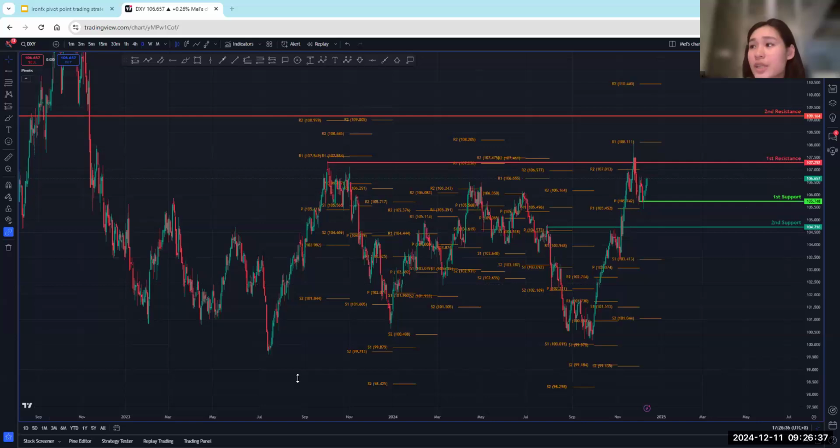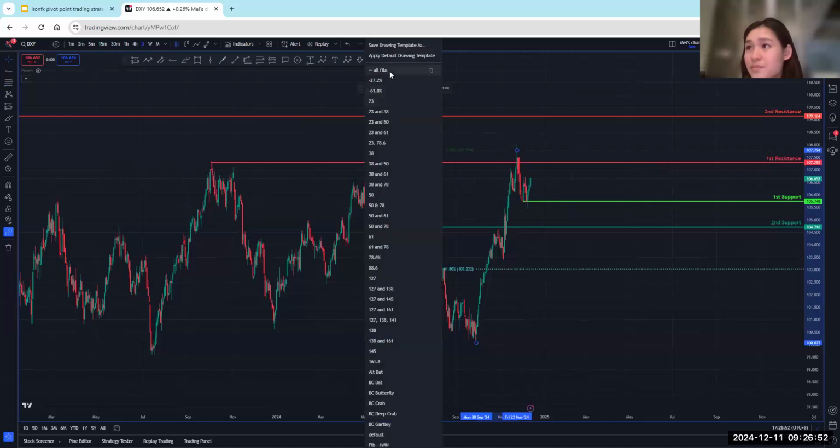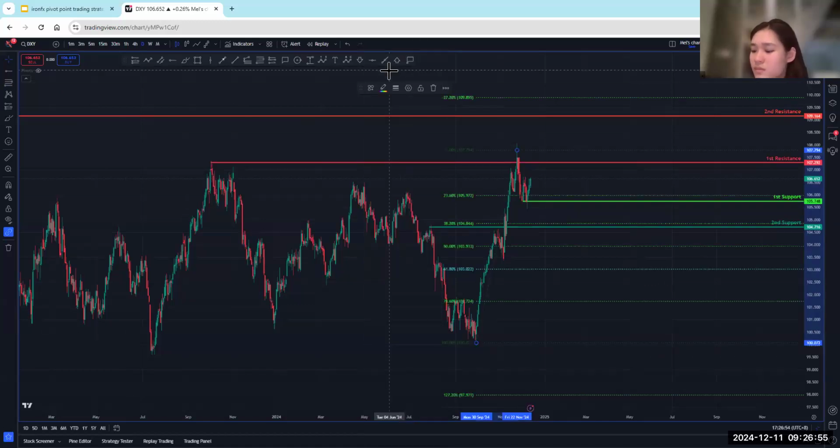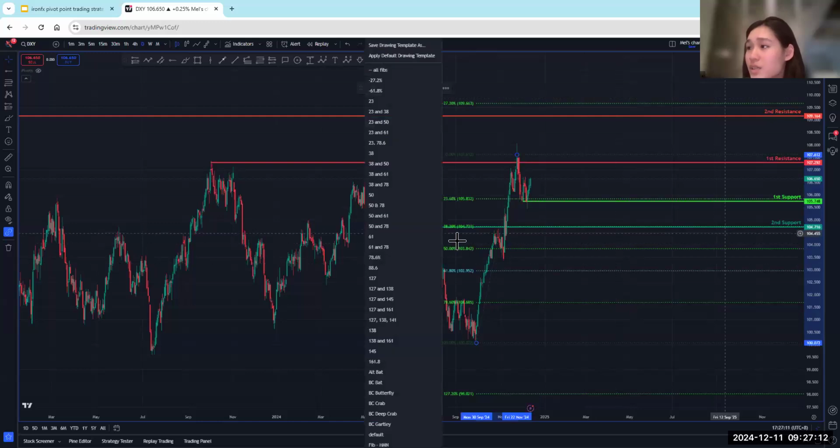So I'm gonna go in and pull out my Fibonacci levels. Okay, I'm gonna get rid of this for now because it's a bit messy. So I'm going in with our Fibonacci retracement first. You can see our 23.6 lines up with our first support, and the 38 lines up with the second support.